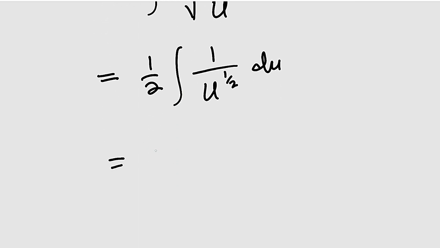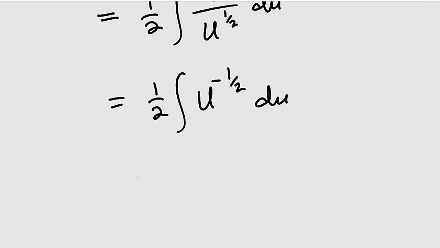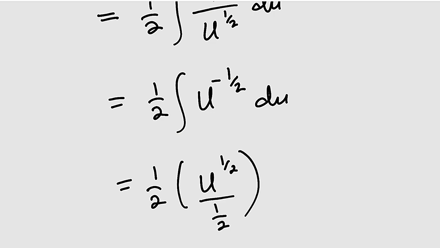All right, this is equal to 1 divided by 2, the integral of u raised to the power of negative 1 divided by 2, right? du. So we add 1 to the power and we divide by the result. So this is equal to 1 divided by 2 multiplied by, if you add 1 to negative 1 over 2, you're going to obtain 1 over 2. And we're going to divide by 1 over 2, right?